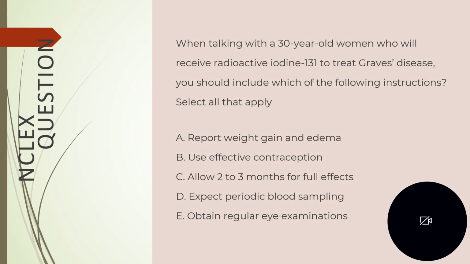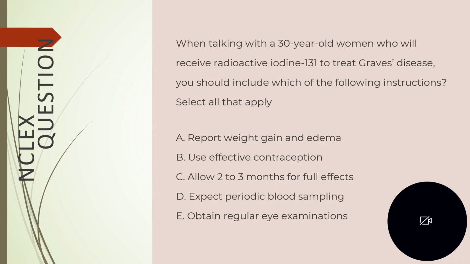All right. So we'll ask a question. When talking with a 30-year-old woman who will receive radioactive iodine to treat Graves' disease, you should include which of the following? And we're selecting all that apply. Who says A? Report weight gain and edema. Okay.